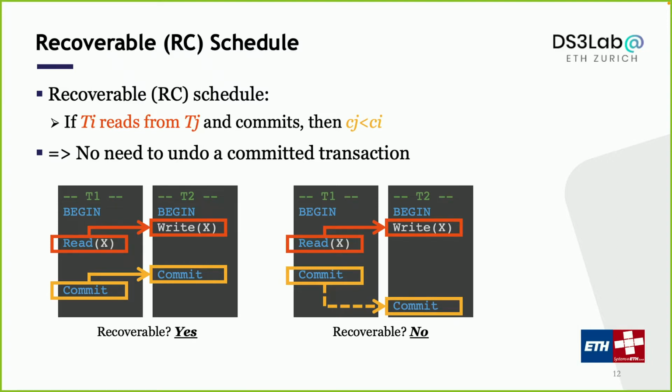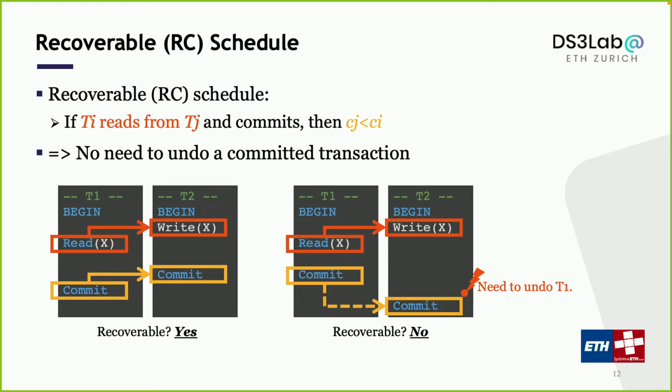What could be the problem when something is not recoverable? In this case, imagine the system crashes at this point. T1 commits, system crash before T2 can commit. What should I do? Because the system crashed, I have to undo T2.